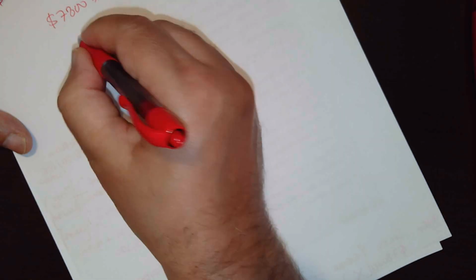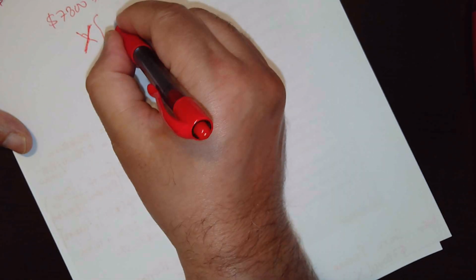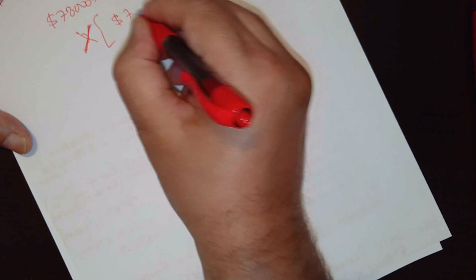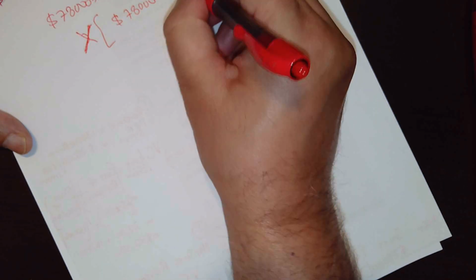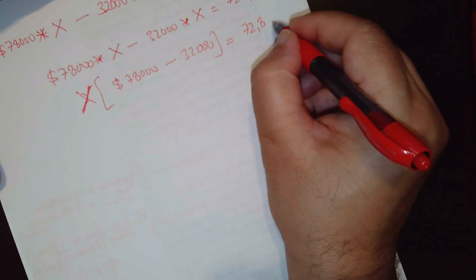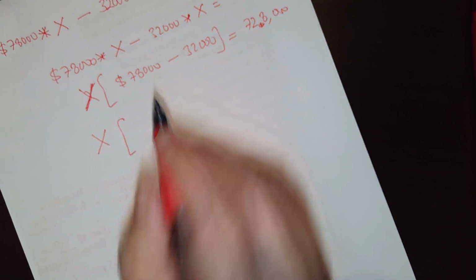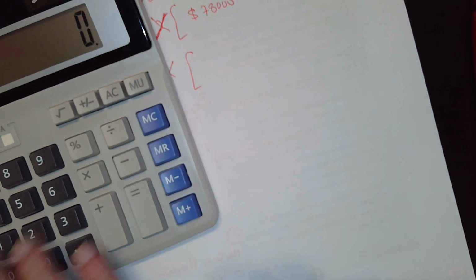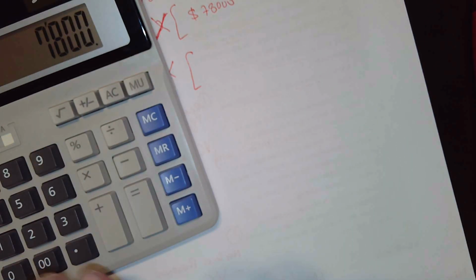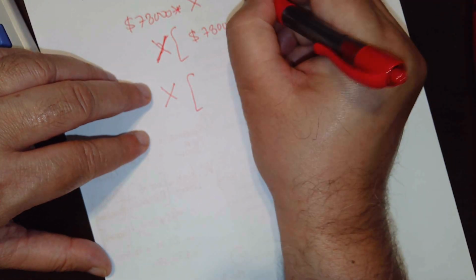So when we solve this, we had 78,000 into X minus 32,000 into X, and we take this to the other side, so it's 728,000, and then we take the X common here. That gives us X times 78,000 minus 32,000... I'm sorry, I messed up.